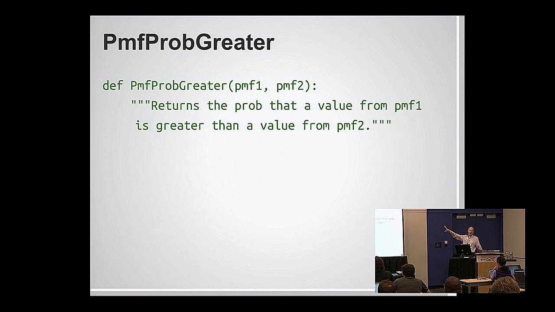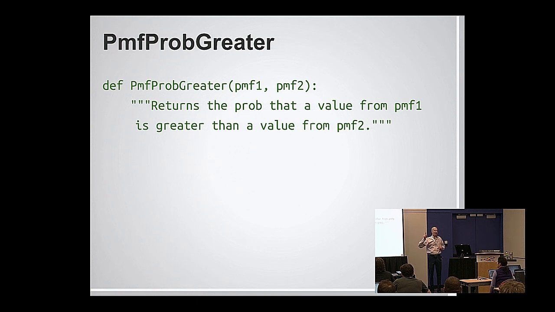So this is the function that you're going to write. You're going to get two PMF objects that represent your posterior beliefs about two people, and you're being asked, what's the chance that something drawn from here is greater than something drawn from there? You have two choices for how you do this. One is you could just do it by random simulation.